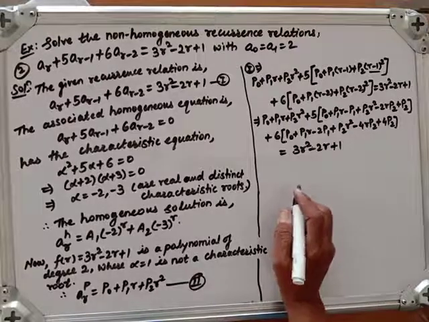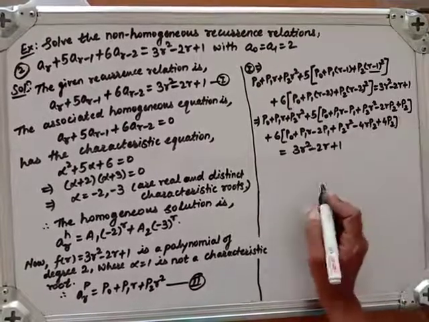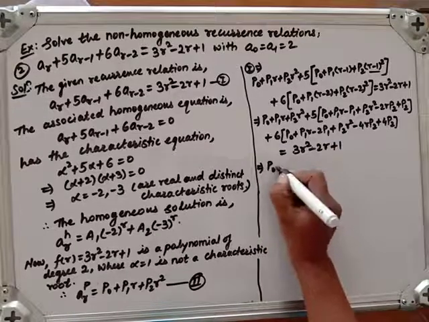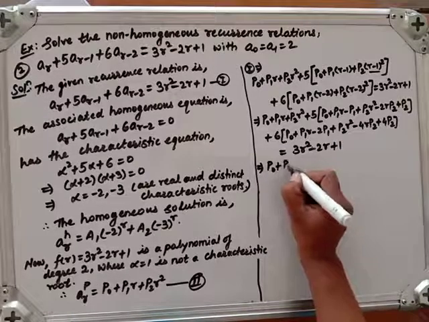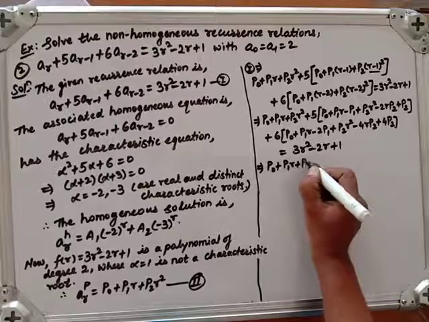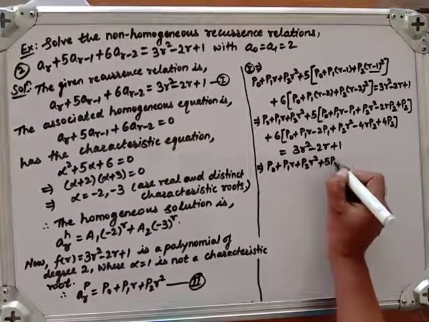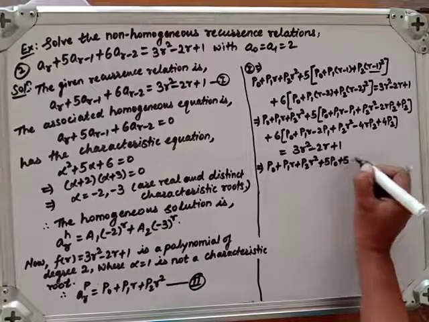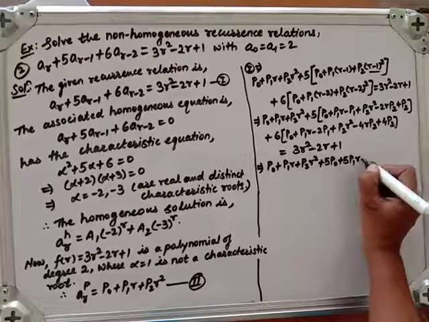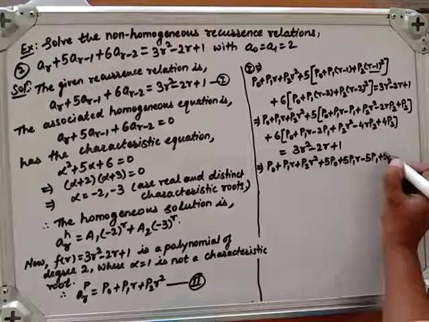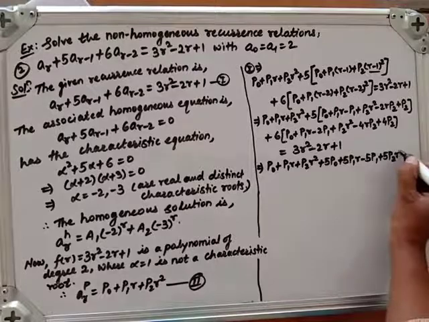Now open this bracket, multiplying by 5. So this will give me P0 plus P1R plus P2R square plus 5P0 plus 5P1R minus 5P1 plus 5P2R square.